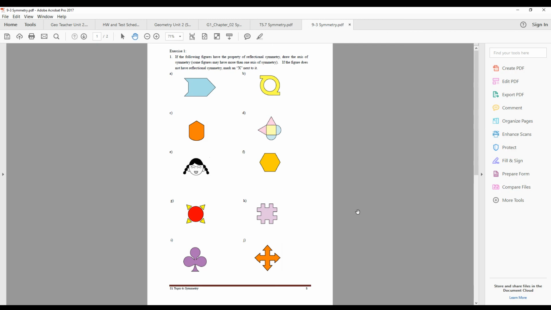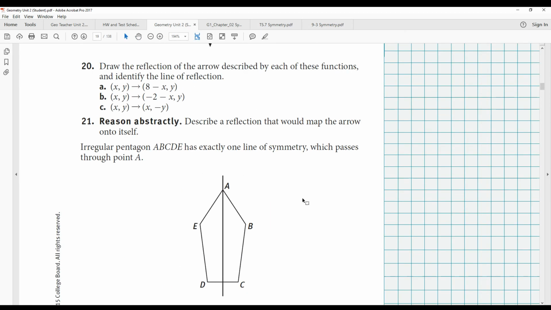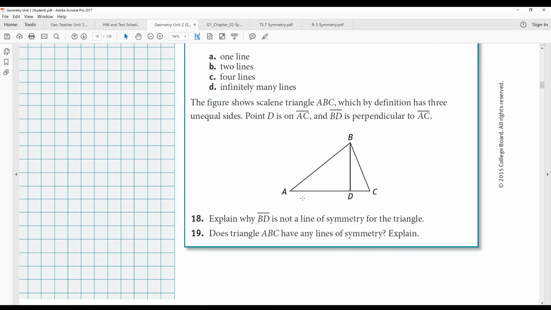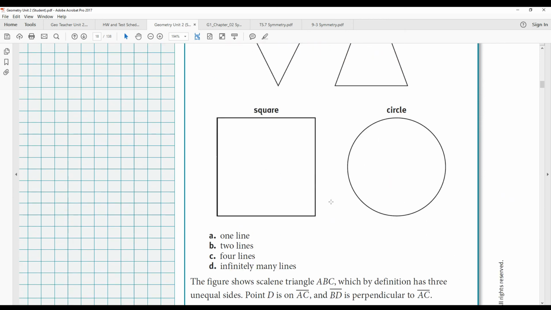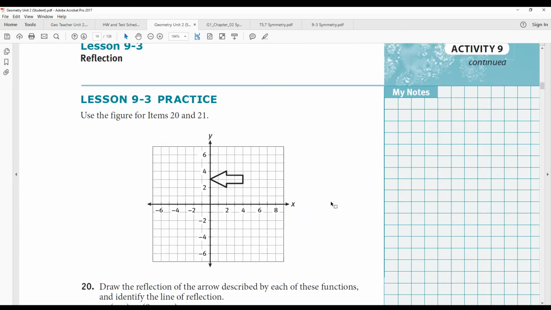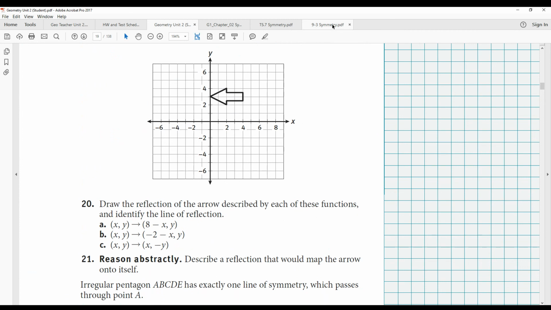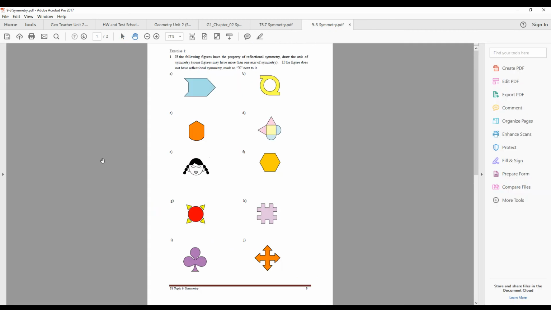Then I'm going to stop the video, and on my next video I will share with you the answers. You should be doing the check your understanding, and then the 9-3 practice, and then see what you can do with this.